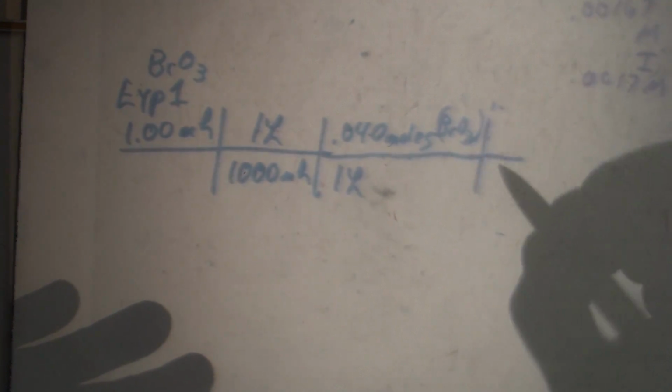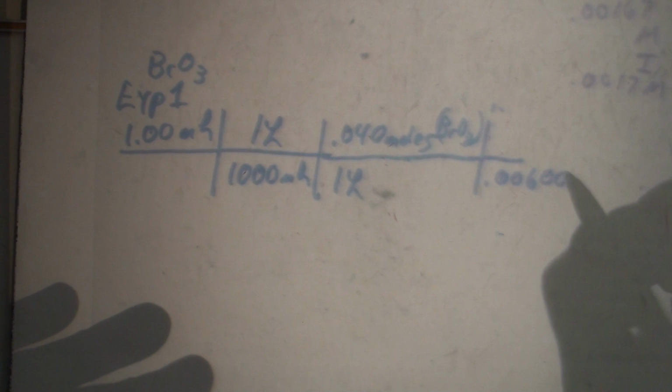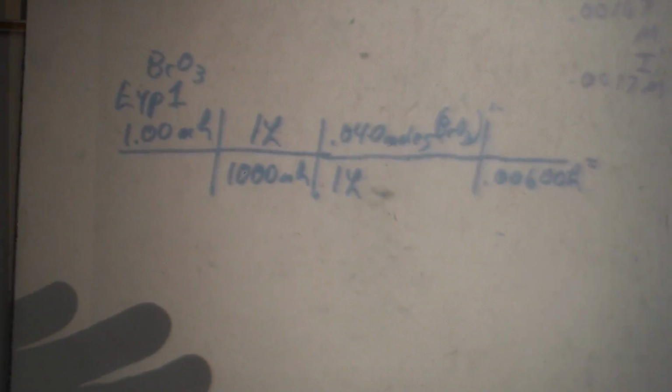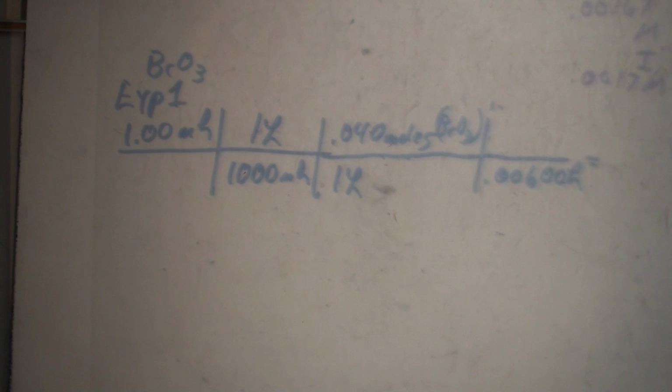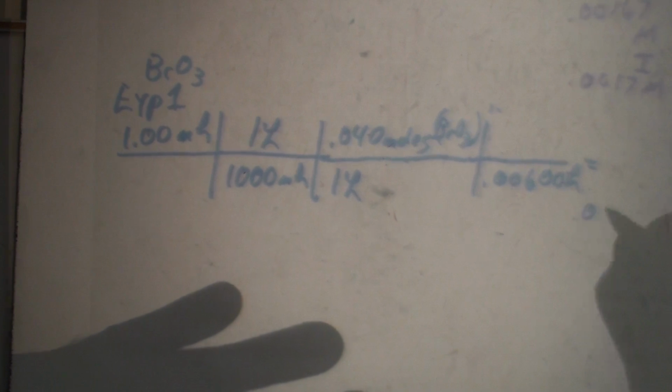And what did we dilute it by? That many liters. So yes, there should be 2 sig figs. So it comes out to be 0.0067 molar of bromate.